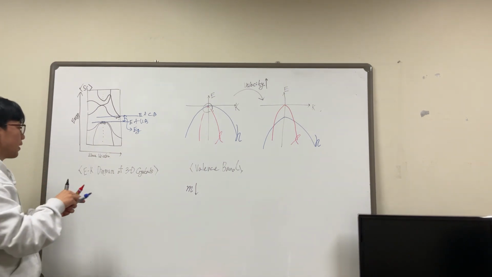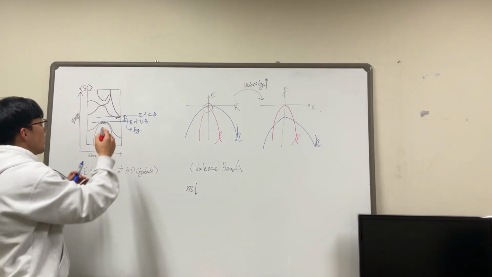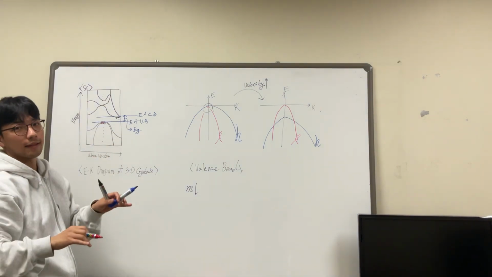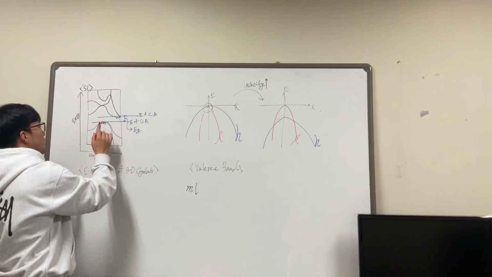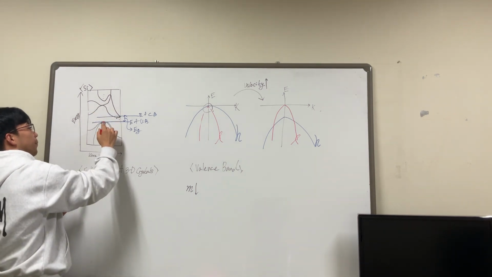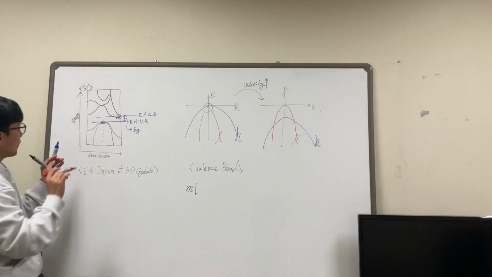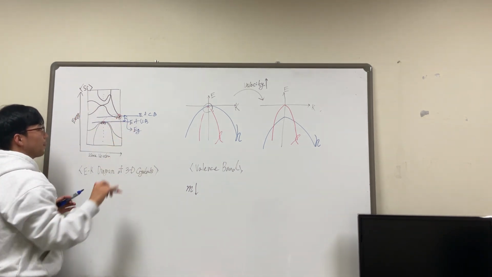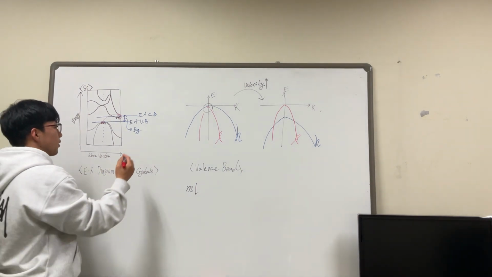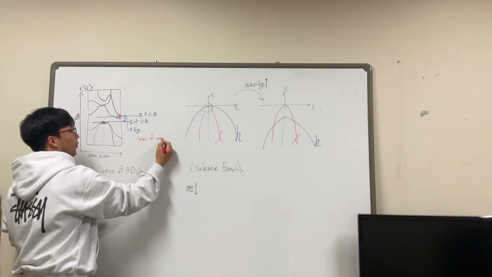If the electron gets some energy, it can jump up to the conduction band from the valence band. Then the electron goes not here, but in here. The electron moves in this direction of the k vector, so there is some loss of momentum.